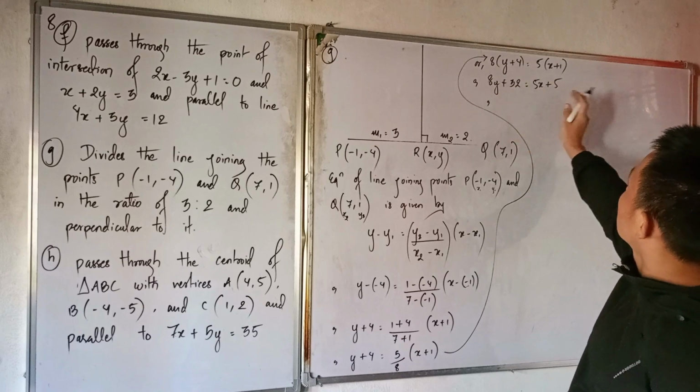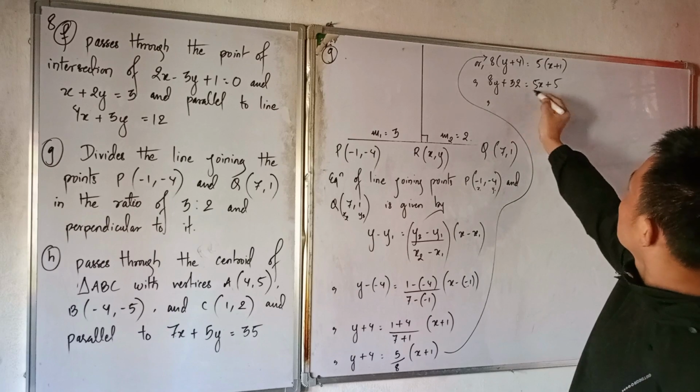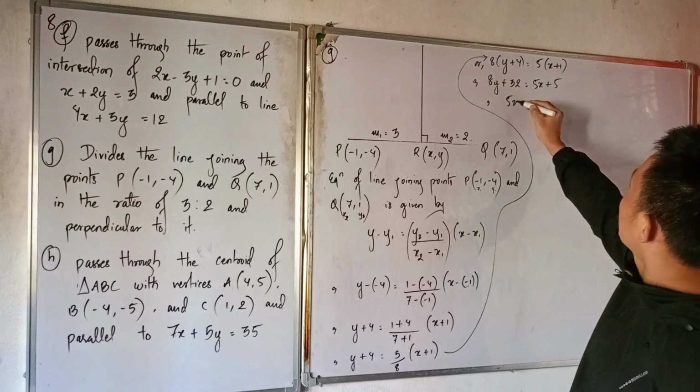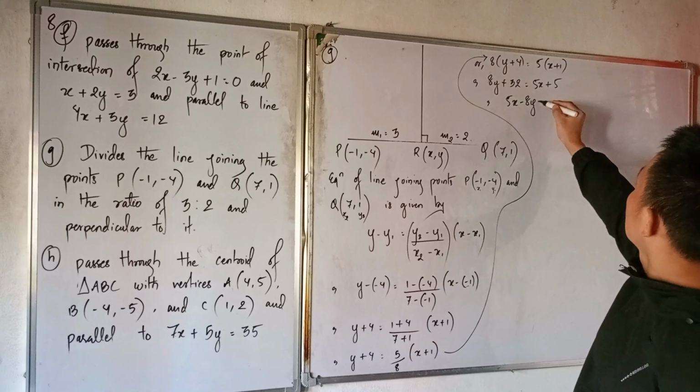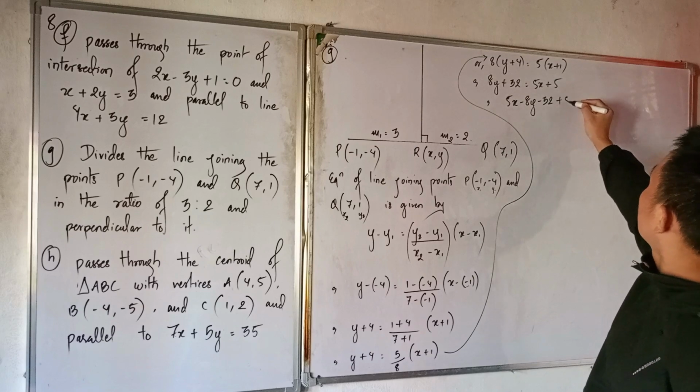Moving terms over, you can write 5x minus 8y minus 32 plus 5.